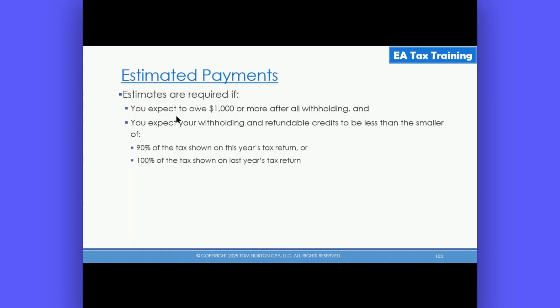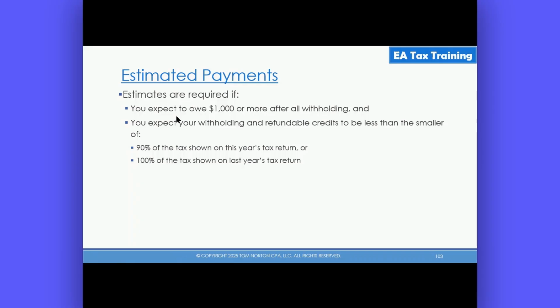So if you look at all your income, subtract any withholding you did have, if you look at that and you expect that you are going to have a balance due of $1,000 or more, then you will want to make estimated payments, unless you meet one of the exceptions.